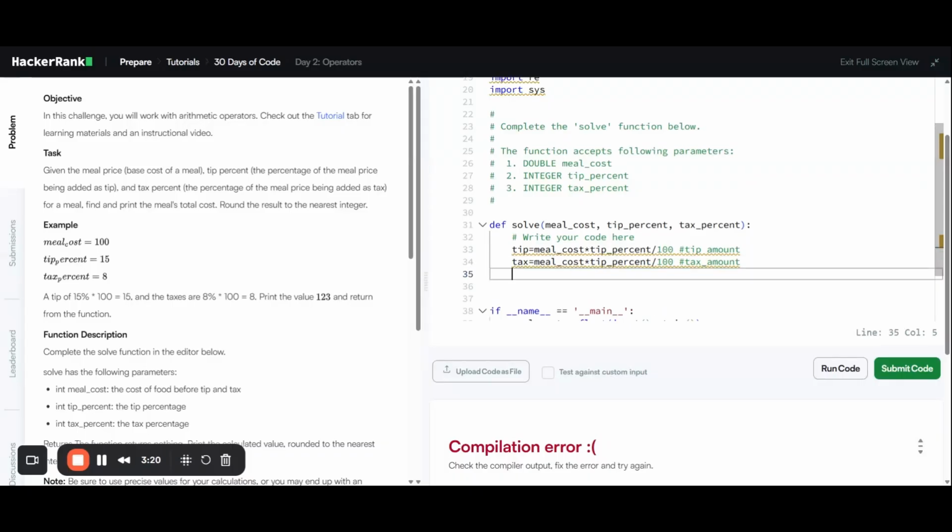Now, let's add the values, round that total value, and then print the output. Now, total cost we'll get by adding tip plus tax plus meal cost.